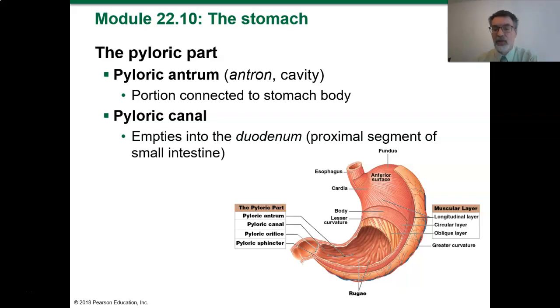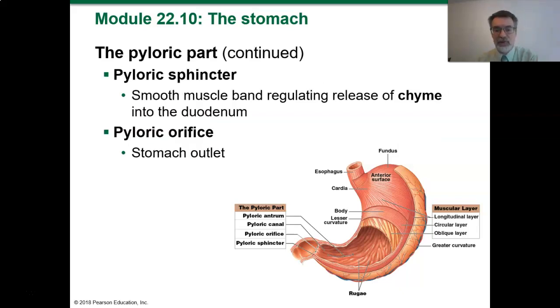This is really going to help hold the food in the stomach until it's been properly digested by the activity of the stomach, so that when we're releasing it into the intestines, it's ready to be further enzymatically digested by the enzymes of the intestines and the pancreas we'll talk about. Right? Pyloric sphincter.